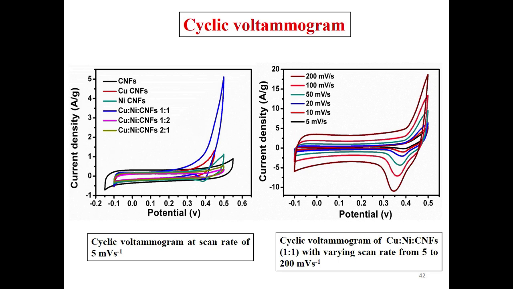It changes very effectively into the cyclic form, that is, the reverse reaction is very effectively formed. For the cyclic voltammogram of copper nickel carbon nanofiber with scan rate varying from 5 to 200 millivolts per second, at 20 millivolts per second the material shows a very stable response towards that particular potential.